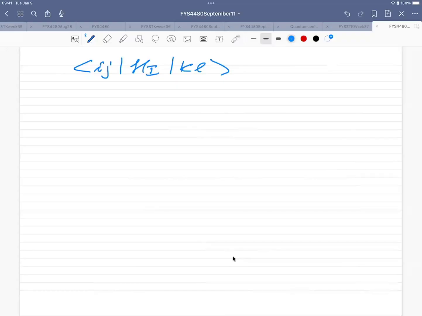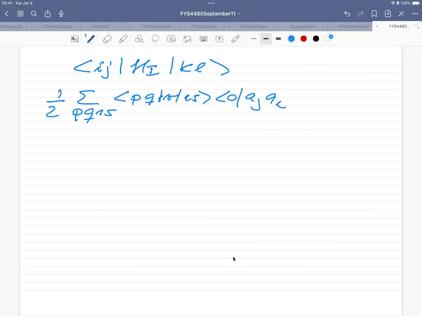And in this specific case, if we write everything out in full glory, we would have PQRS. And then we have the integral, which we just leave outside here, of VRS. And then we have this string of operators. So in this case, this is AJ, AI. So you can say that this set of operators is already normal ordered. So I'm just going to put them like this.